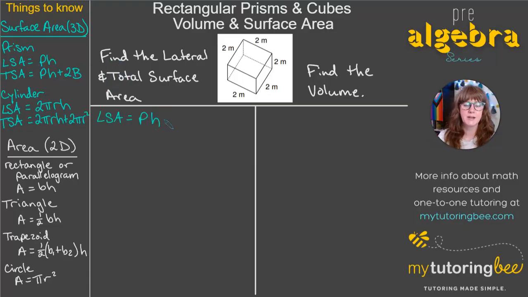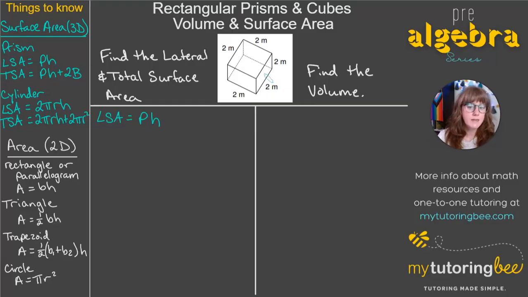What do these letters mean? So P is for perimeter. Perimeter of what? Whenever we're asked for the perimeter in a formula, when we're dealing with three-dimensional shapes, we want the perimeter of the base shape. Since this is a rectangular prism, then the rectangle is the base of the shape.